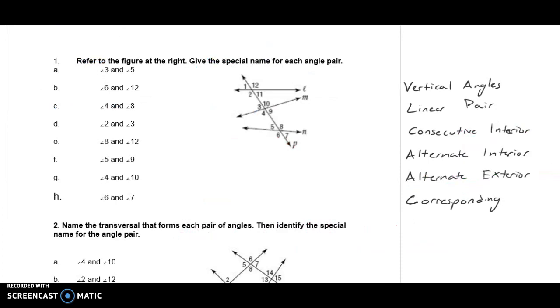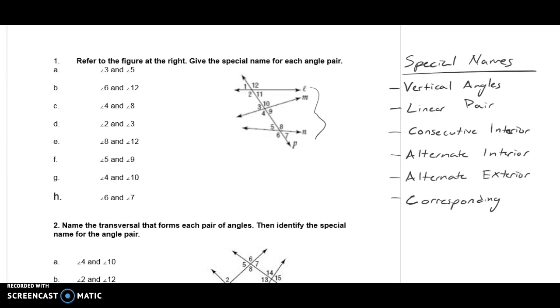These examples state to refer to this picture here and give a special name for each angle pair. Here's a list of special names. Keep in mind that these first two were from last unit, but they can still be used. And these four are my new ones. But notice that there's 3 lines.